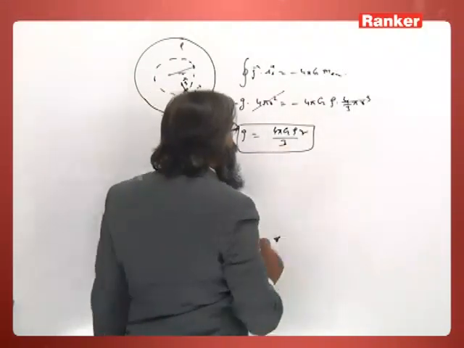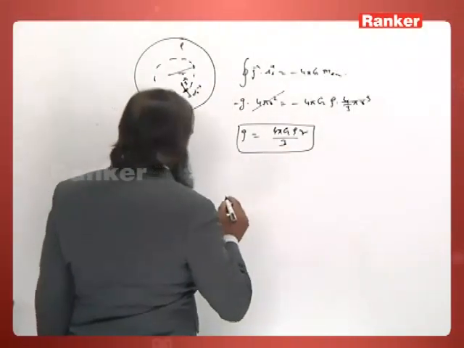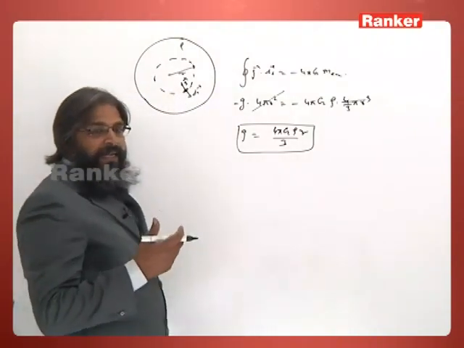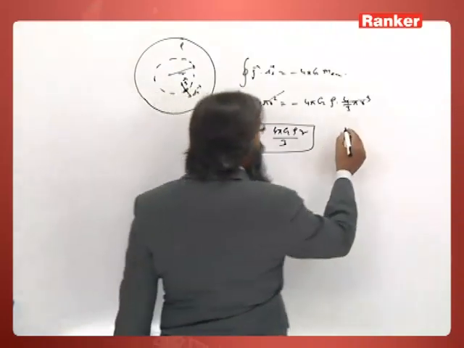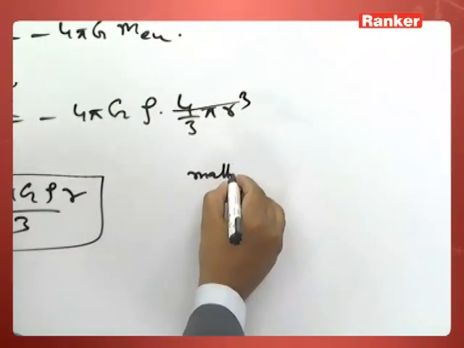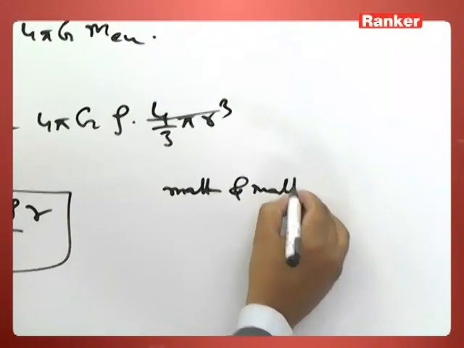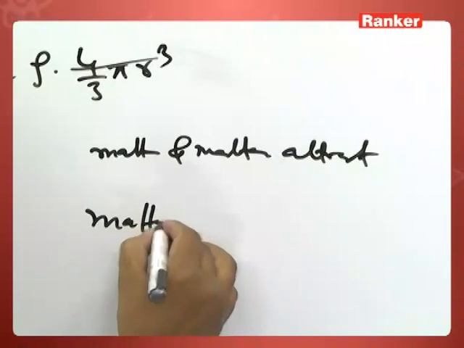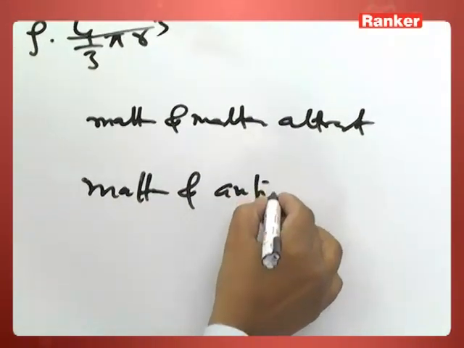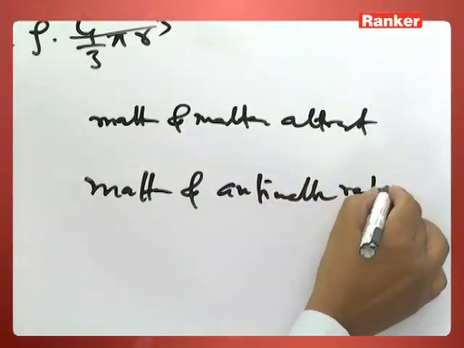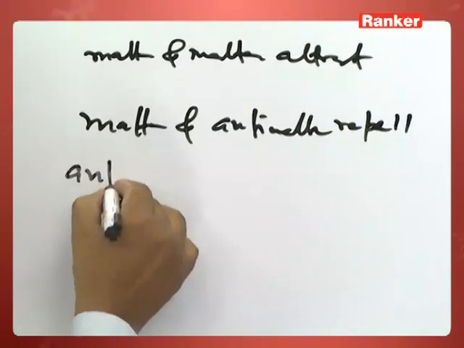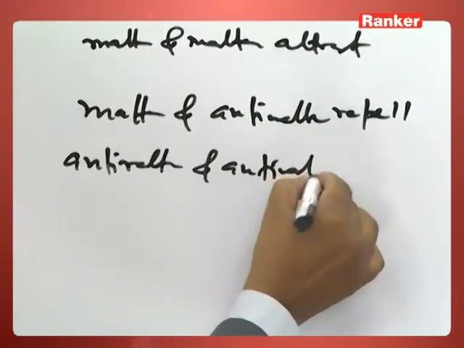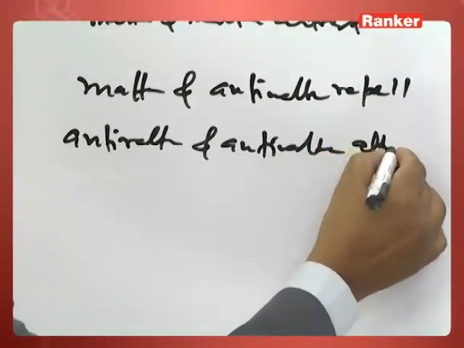So G is proportional to r. One more point: matter and matter attract. So matter and antimatter repel, and antimatter and antimatter attract.